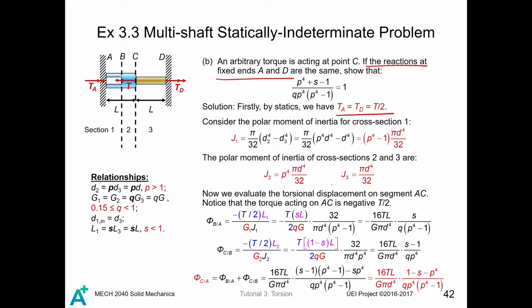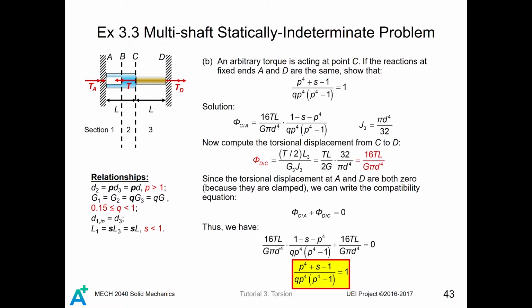Consequently, after a lot of calculations, you will find the torsional displacement of C relative to A, which looks like this. In a very similar manner, we compute the torsional displacement from C to D.